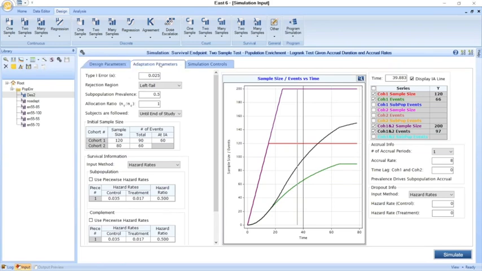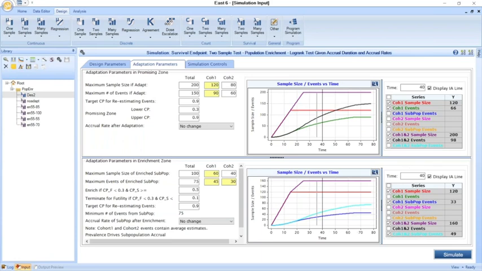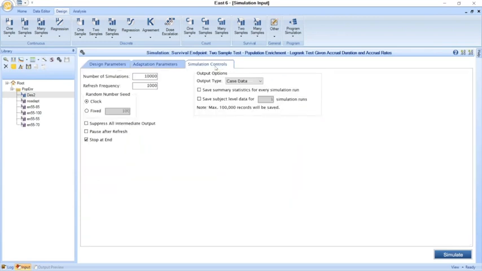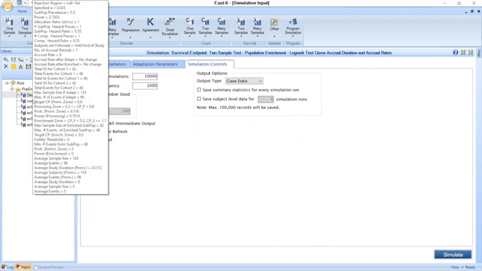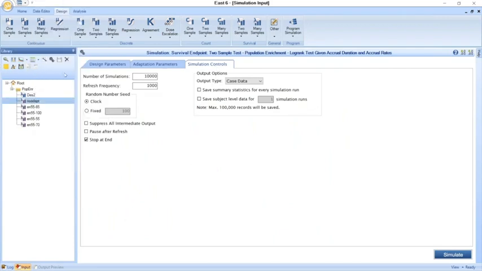In the second tab, we would have to set the adaptation parameters, how we're going to be proceeding with the increase of events and sample size in the full population, as well as in the enrichment in the subpopulation, depending on values of the conditional power in the full population and in the subpopulation. And finally, the standard simulation controls tab, which is there for all of the simulation-based procedures.